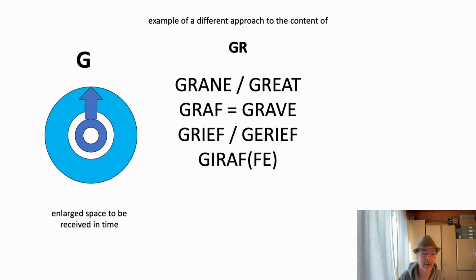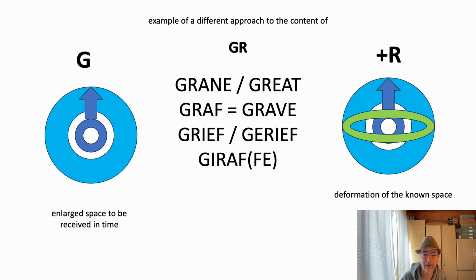Here, of course, the space is enlarged, which the enlarged space is received over time. So that is an element that the G will include with the elements of space and time. The space will be enlarged, and this enlargement will be received over time, after a certain time.